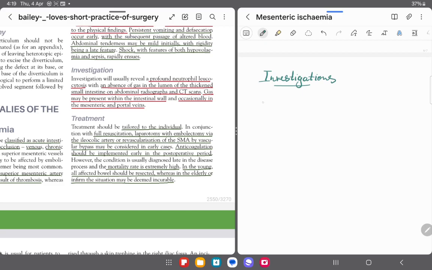So we will get profound neutrophil leukocytosis and absence of gas in the lumen of thickened small intestine.